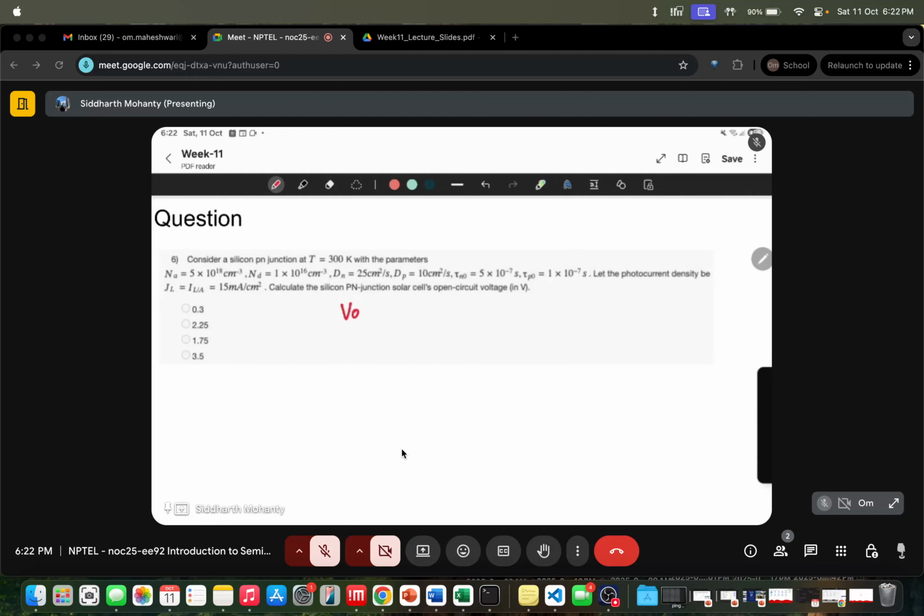and VOC is given as kT by q ln(JL by J0 plus 1), right? JL is given. JL is 15 milliampere per centimeter square.